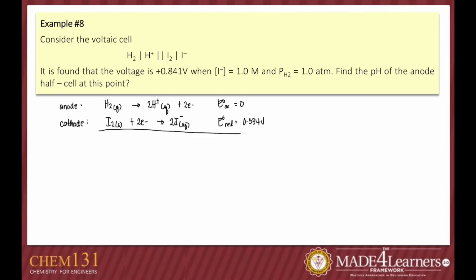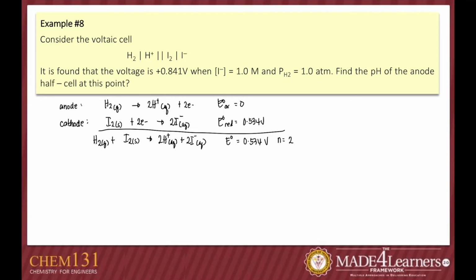Okay, so we're going to add the two equations directly. So we have hydrogen gas plus iodine solid. So we have 2H plus AQ plus 2I negative AQ. And the standard cell voltage is 0.534 volts, wherein N is equal to 2.